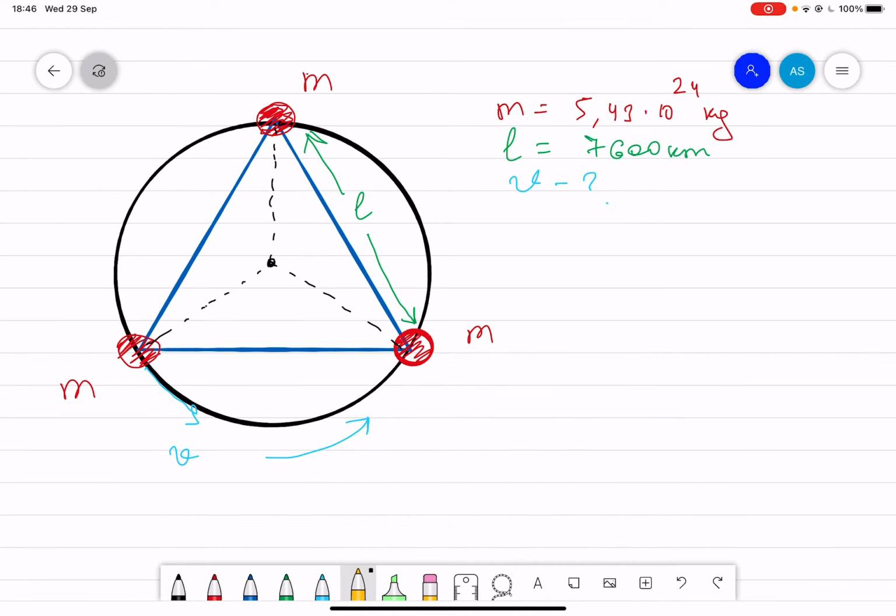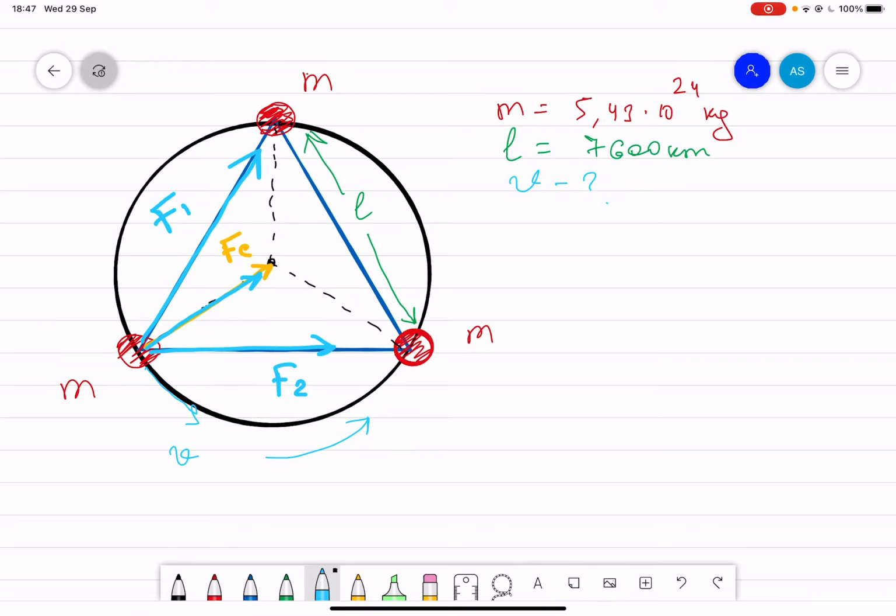this is the centripetal force, okay? That centripetal force has to be equal to the force due to the F1 force. This is F2 force.